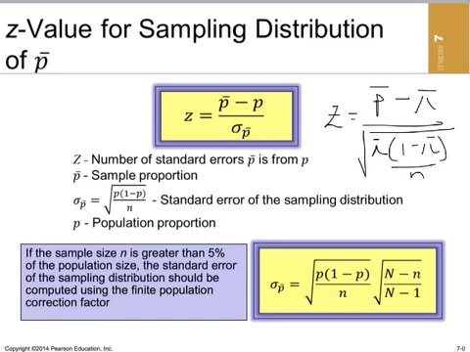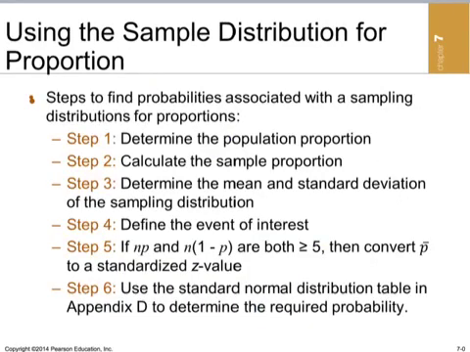And so that gives us the formula that we require. Now there is something called a finite population correction factor, but we won't use that. We will assume in most cases our population is sufficiently large that we do not consider it a finite population. So this formula right here, which says that if we have a finite population we would use this adjustment, we could ignore it for the purposes of this course.